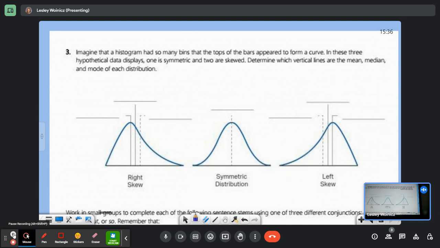The mode is always at the very tippy top because it's the most repeated, right? So do you see how this right here is the most repeated? Okay, that one's the mode. Here again we have the mode. And tippy top, mode.